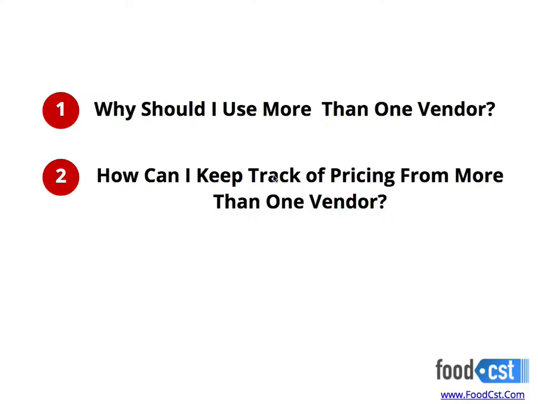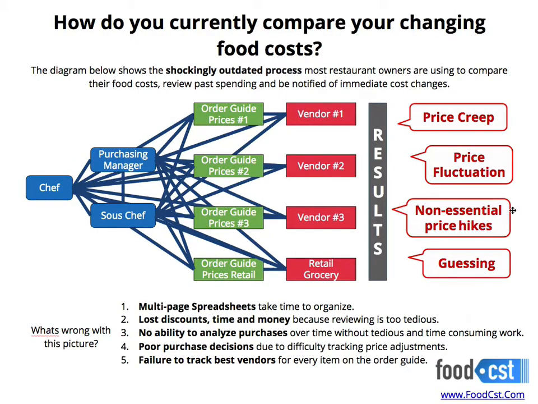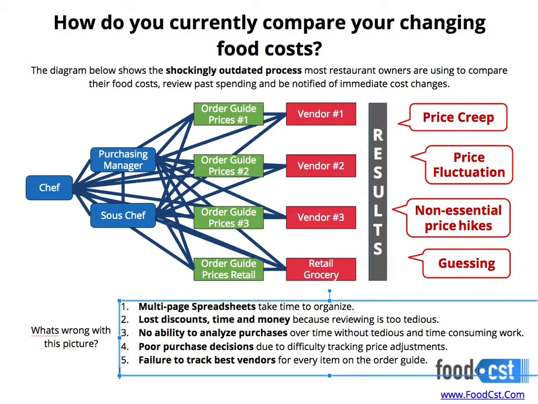And again, you can do this manually. I mean, there's no reason why you can't. You can use spreadsheets and formulas and tabs and all those kinds of things, and kind of go through there and update it. But of course, we think that the solution to this mess right here is food cost.